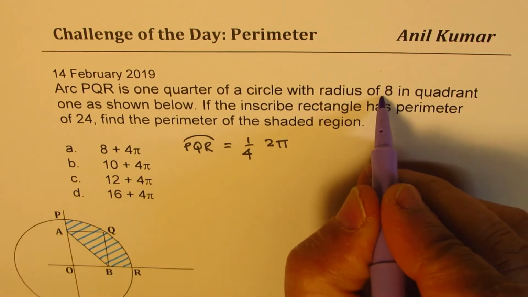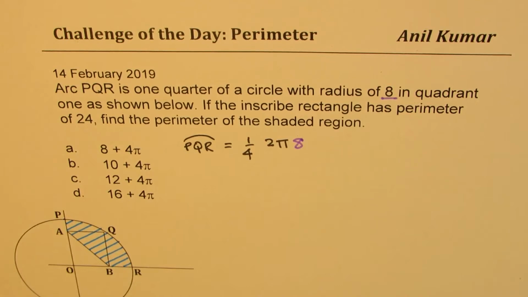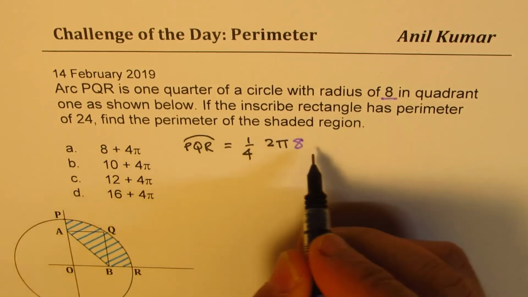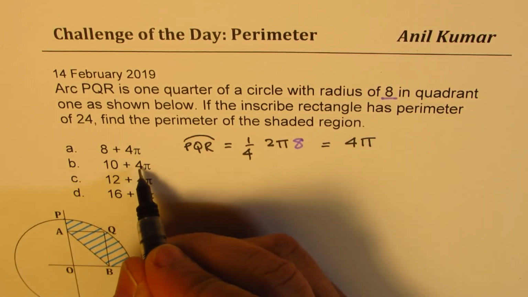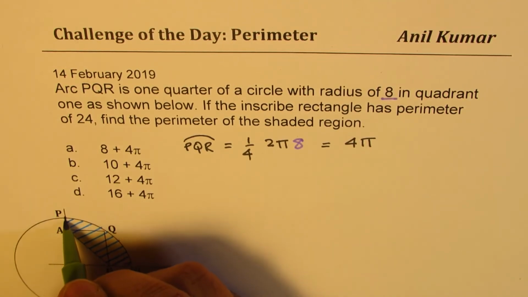So 2 pi r with this radius 8, quarter of a circle with radius 8, gives you 4 pi. So that is why you're getting all this 4 pi.